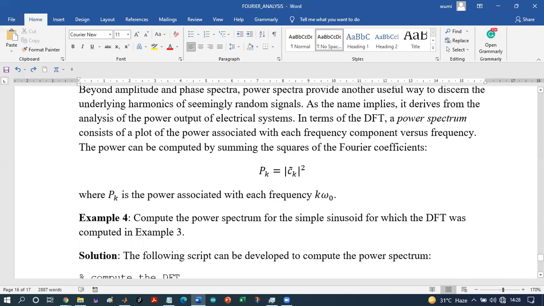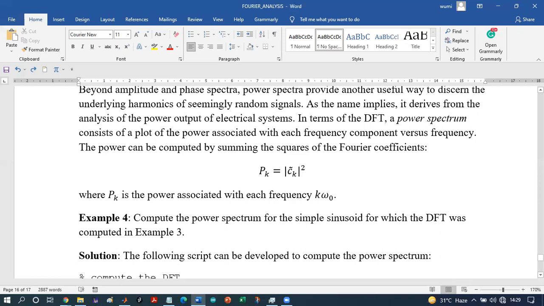For instance, at f of 0, the power spectrum is 5 squared, which is equal to 25. At f of 1, the power spectrum is 0.